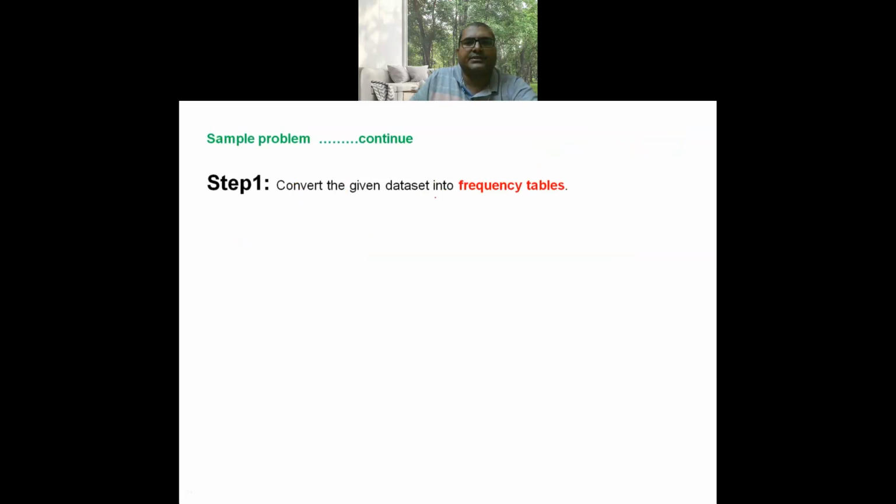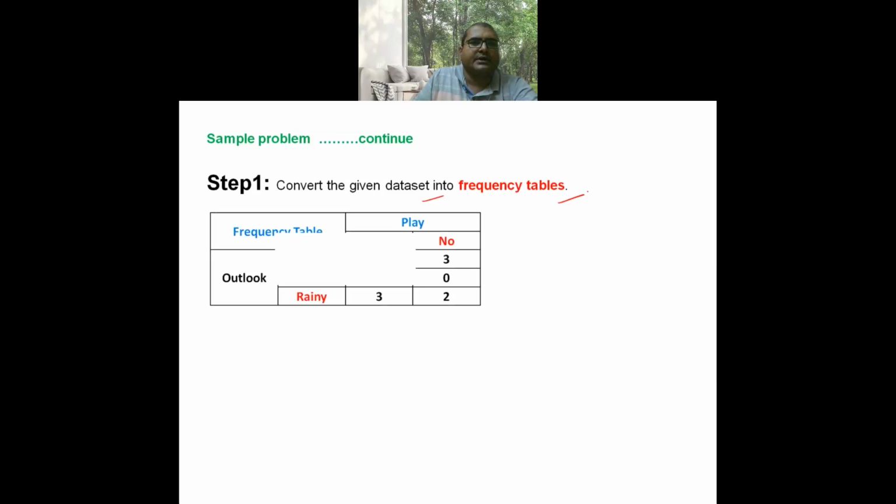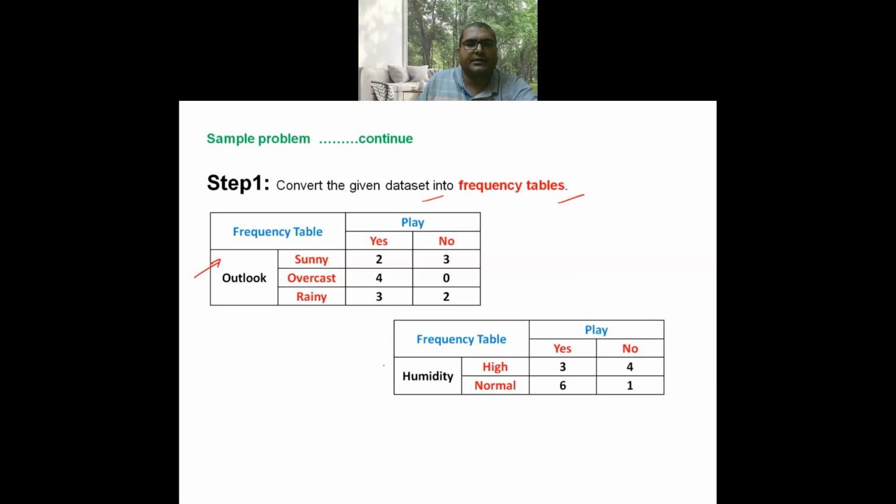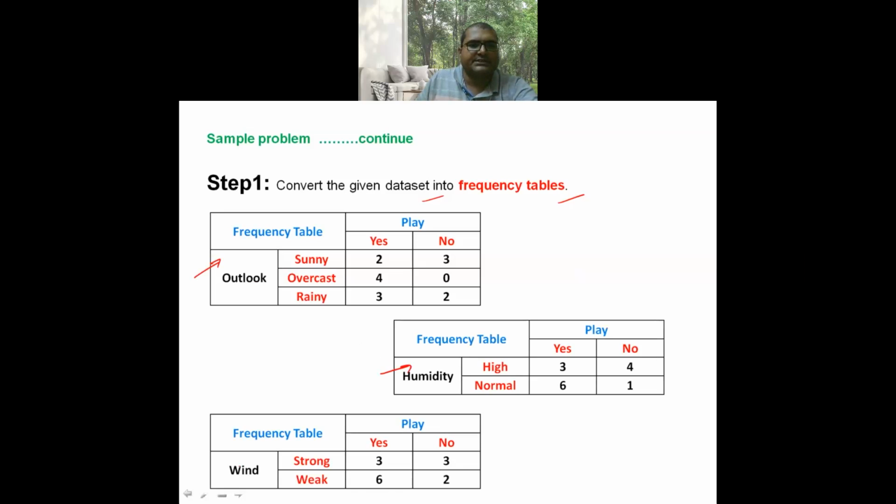Step number 1, convert the data set into frequency table. Refer to one of the features, outlook, another feature is humidity, another feature is wind.